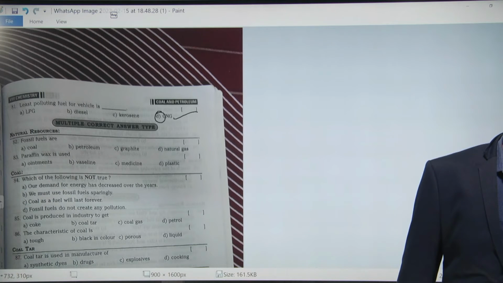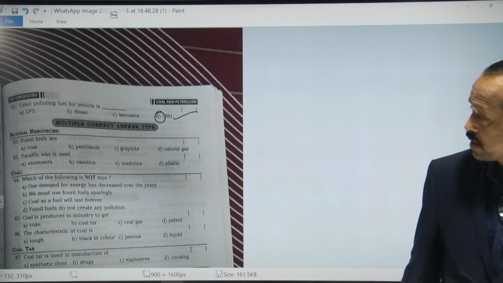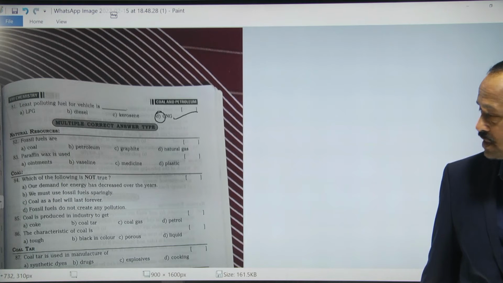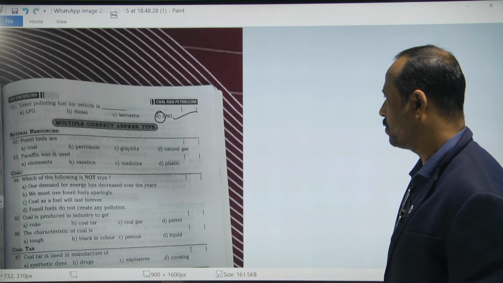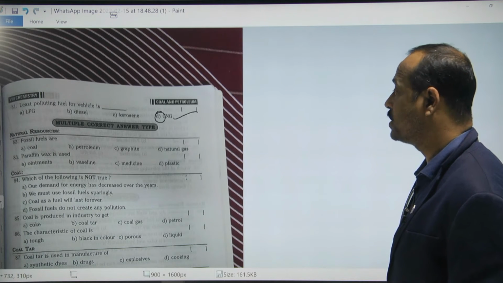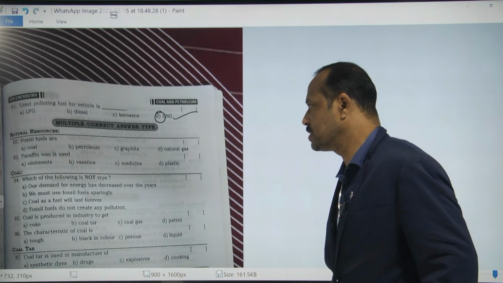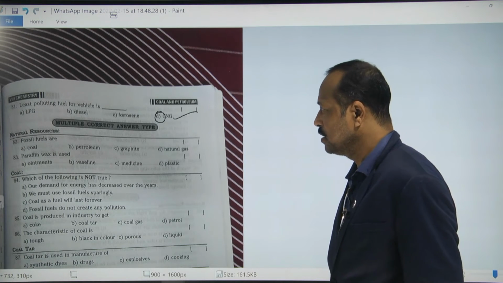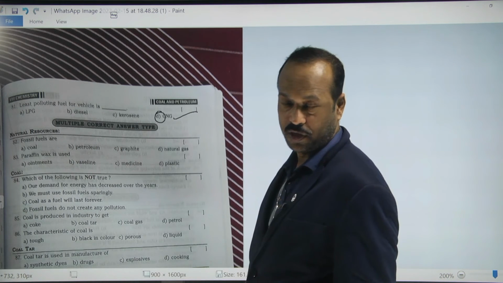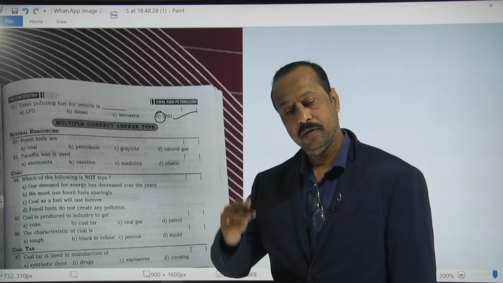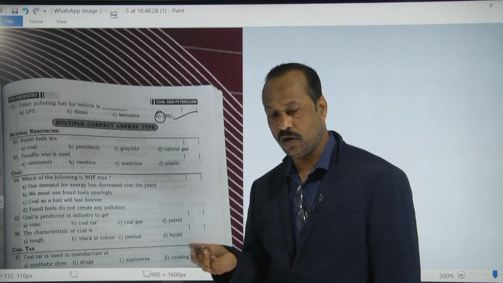Right? Now next one. Fossil fuels are coal, petroleum, graphite, natural gas. Fossil fuels are what? Actually, this is a multiple correct answer type. Multiple means two or more, not only one.